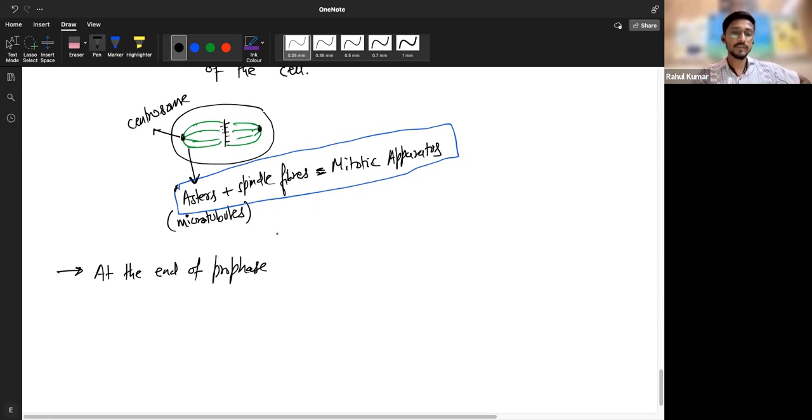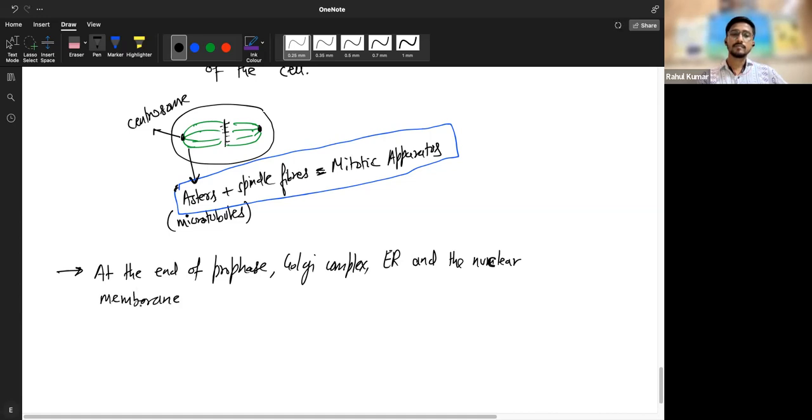So at the end of prophase, write down: Golgi complex, because this is also membranous, ER, and the nuclear envelope and the nuclear membrane is not visible in the cell.